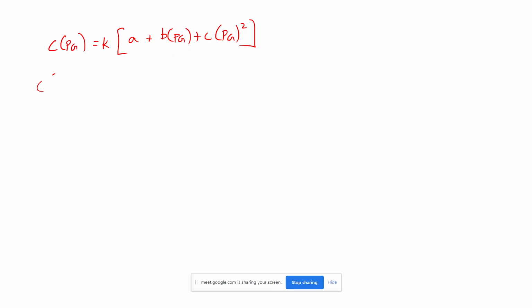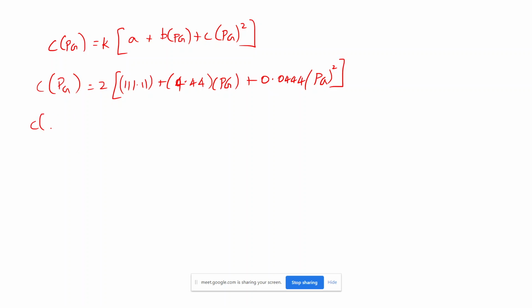So if that is the case, then Pg into 2 into 111.11 plus 4.44 Pg plus 0.0444 Pg square.